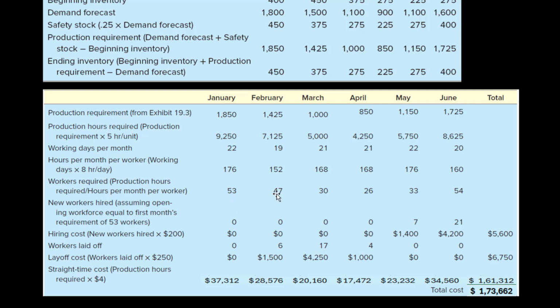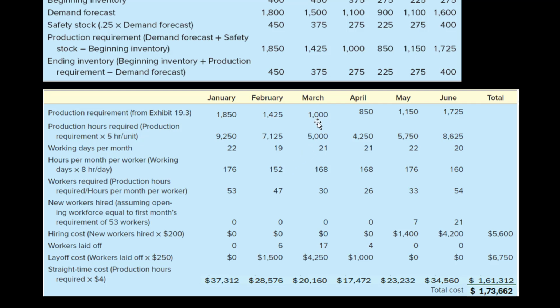We have 53. That means we need to remove 6 people, right? So workers laid off 6, which you need to pay $250 each. So 1,500 will be the layoff cost, and the straight line cost, again you calculate 47 into 19 into 8 hours into 4 will give you 28,576.